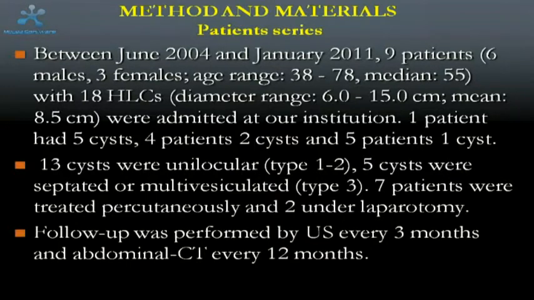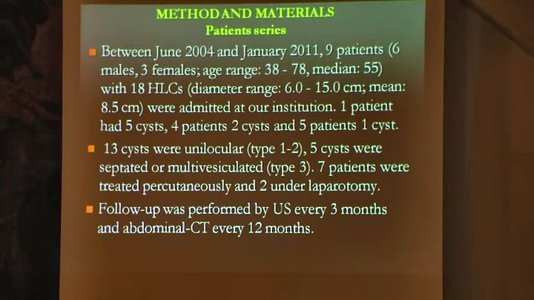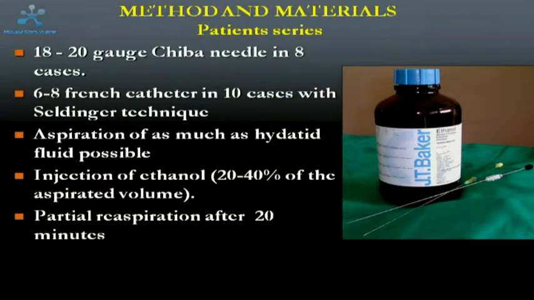One patient had 5 cysts, 4 patients had 2 cysts, and 5 patients had 1 cyst. 13 cysts were unilocular, 5 cysts were septated or multivesiculated. 7 patients were treated percutaneously, and 2 under laparotomy. Follow-up was performed by ultrasound every 3 months and abdominal CT every 12 months.